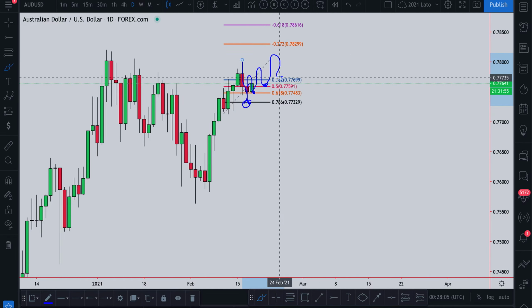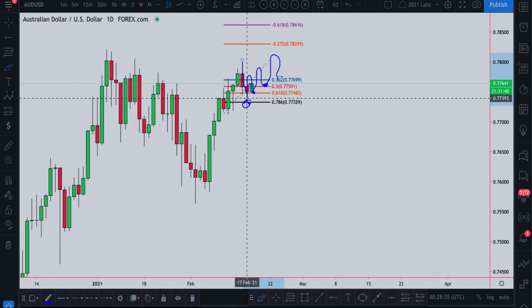Sometimes it may happen. So it looks like it is doing that sort of movement in the chart.